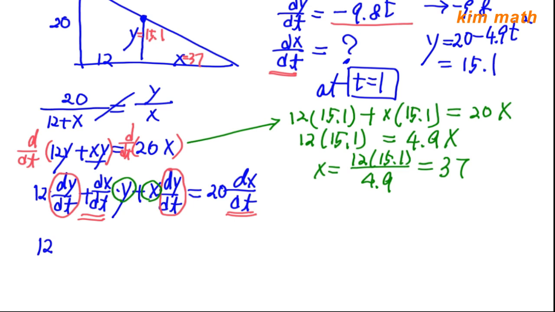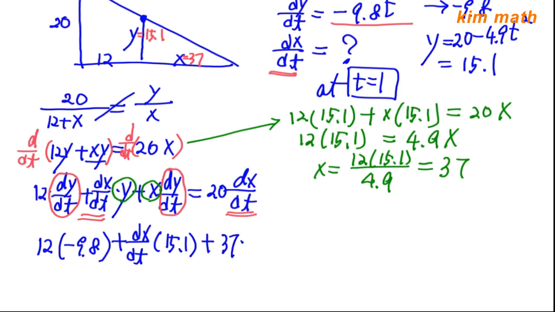dy/dt is negative 9.8, right? The velocity of the ball at that moment, plus dx/dt, which is the variable we want to find, times y, which was 15.1, plus x times dy/dt again, equals 20 dx/dt. Okay.